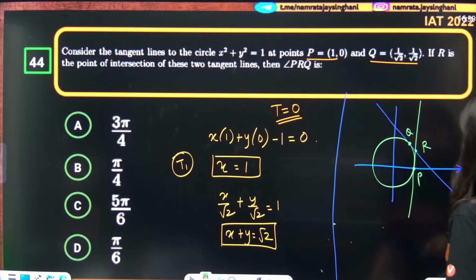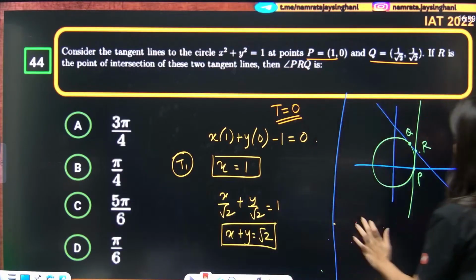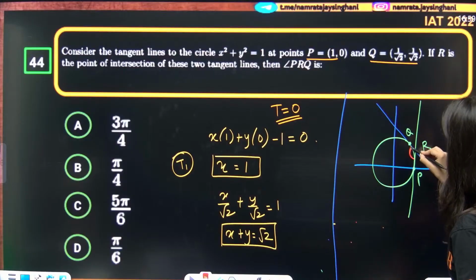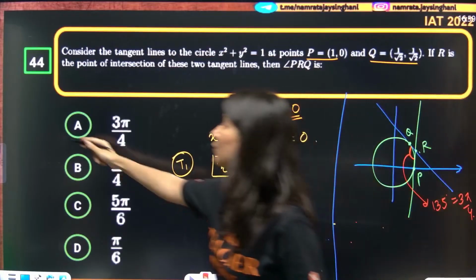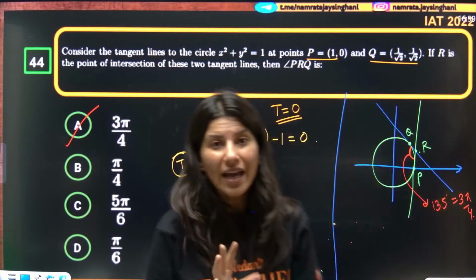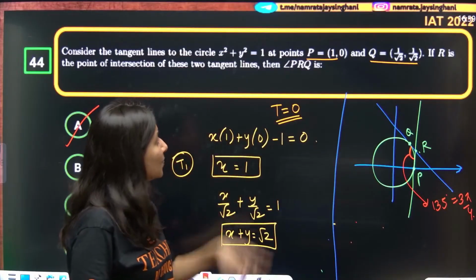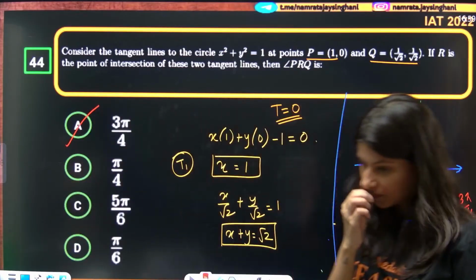They are interested in this angle. Clearly this angle is an obtuse angle, which is actually 135 degrees, equal to 3π/4. They are not talking about the acute angle between the two lines; they are specifically giving the angle PRQ. Okay.